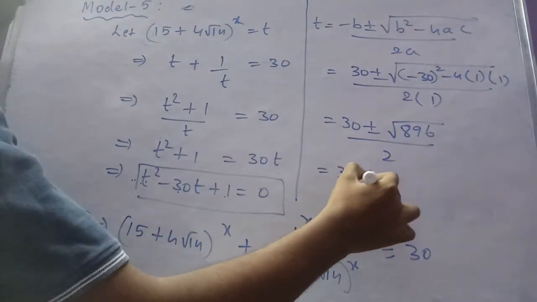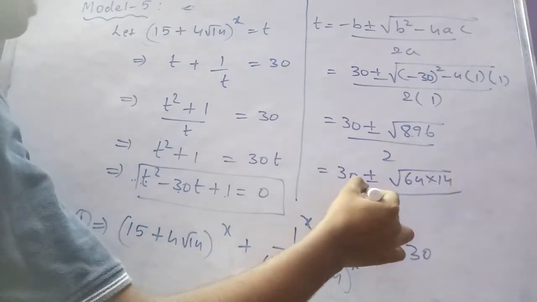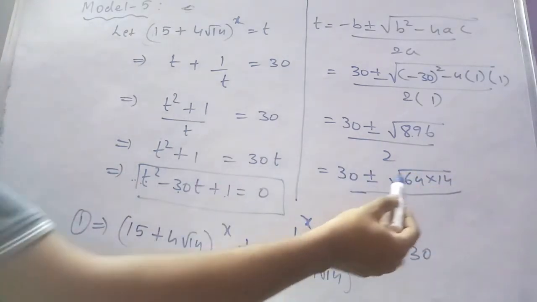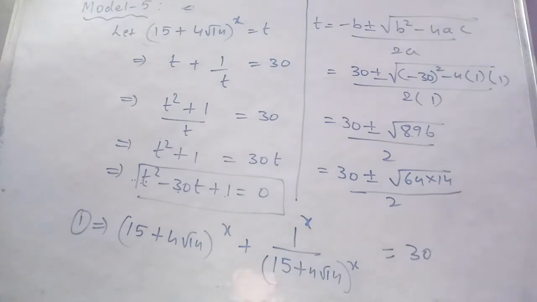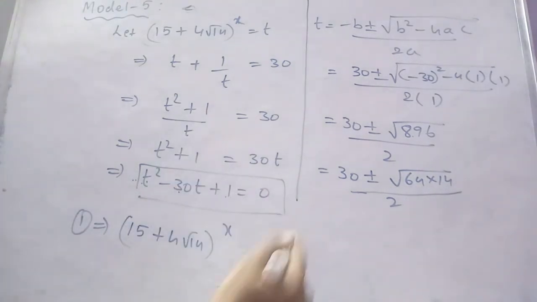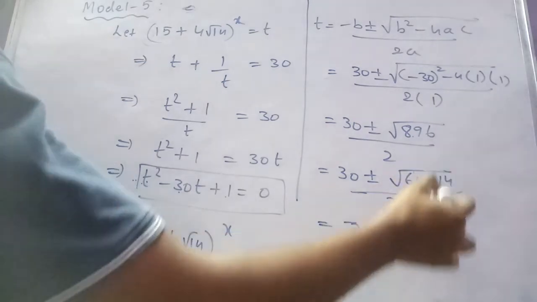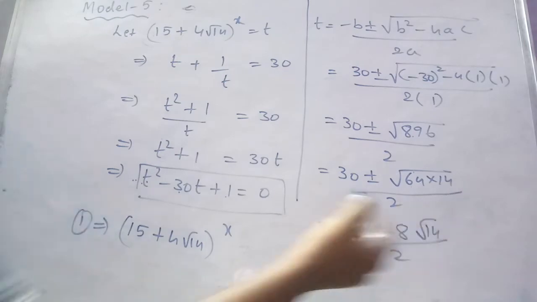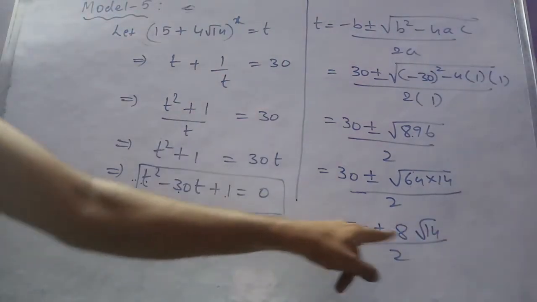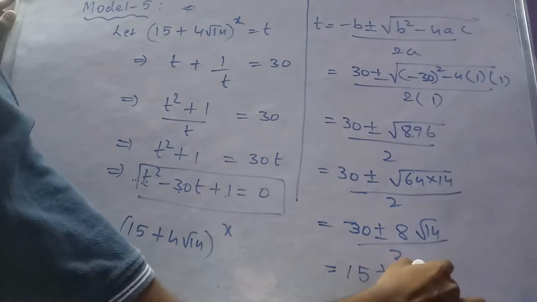So 30 ± √(64 × 14). Then separate the square roots. If you separate the square roots, you will get 30 ± 8√14, whole divided by 2. Now the common denominator can be separated, where you will get 15 ± 4√14.